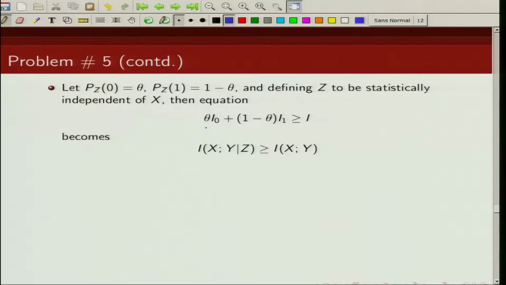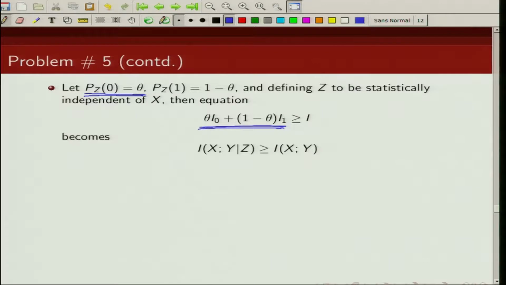Now what is this term? Theta is nothing but P of z being 0, and I0 corresponds to the transition probability P0, and 1 minus theta is the probability of z being 1, and this is the mutual information corresponding to transition probability P1.